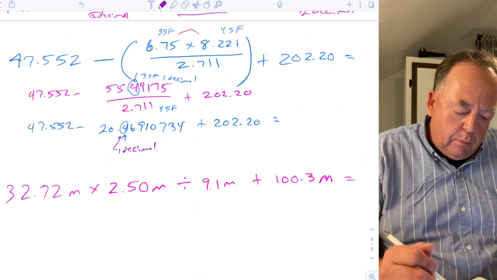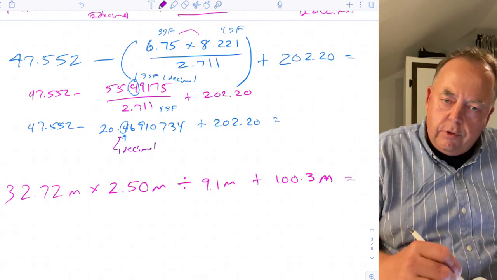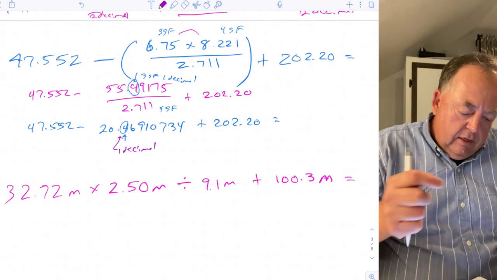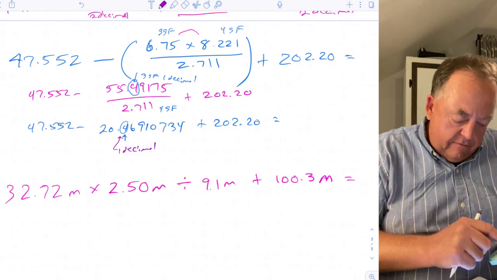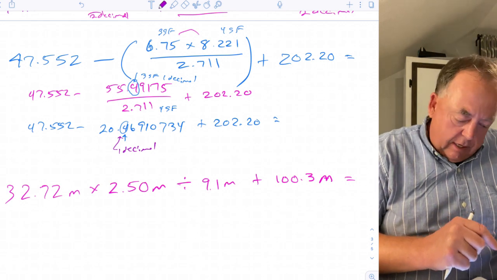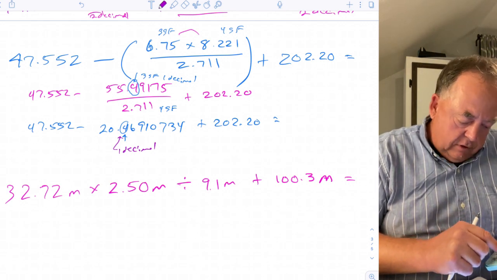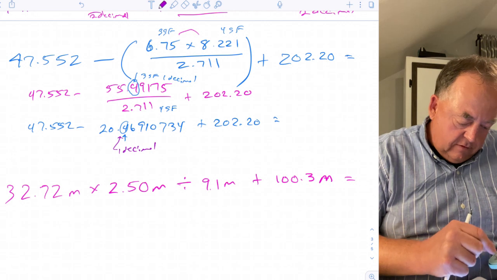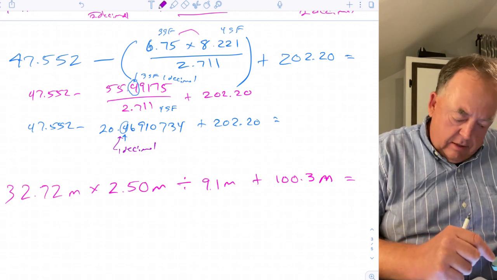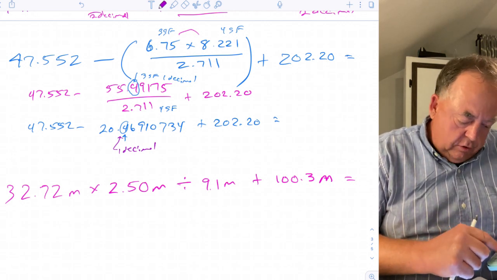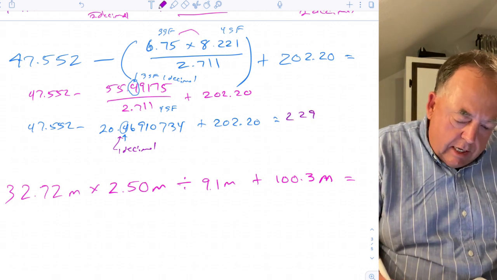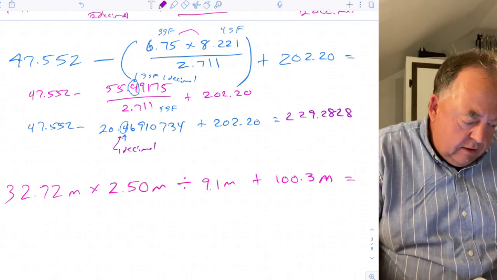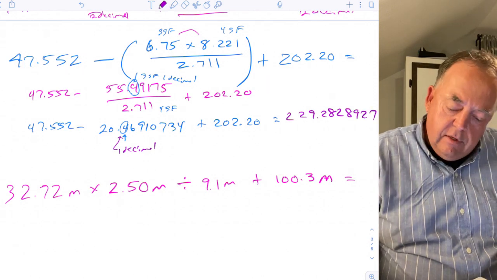We just make a mental note that the last number that counts is that 4. So it has 1 decimal place, which is what matters now, because now we're doing addition and subtraction. So now we take 47.552 and subtract the 20.4691074 and add 202.20, and your calculator tells you 229.2828927.